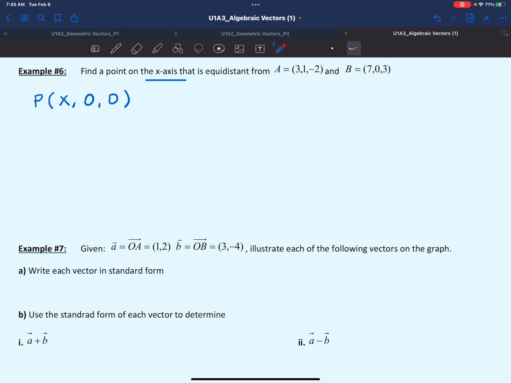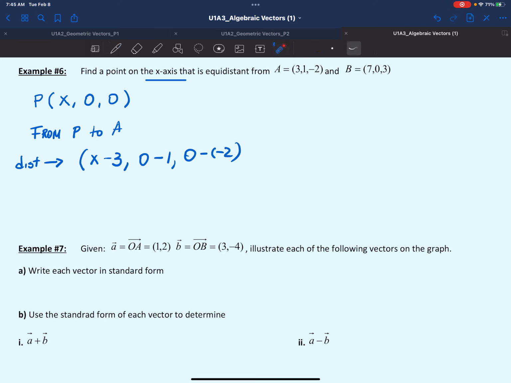Now we want the point to be equidistant from A, which is 3, 1, and -2, and from B, which is 7, 0, and 3. So the distance from point P to point A, and I'm going to write this down here, from P to A, we'll have the distance, which we will find out, defined by the coordinates x minus 3, 0 minus 1, 0 minus -2.